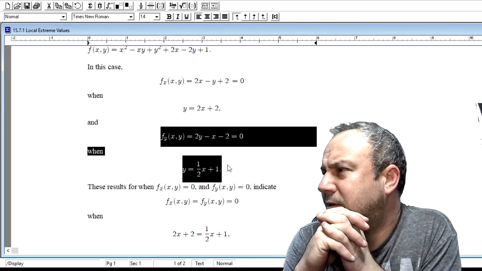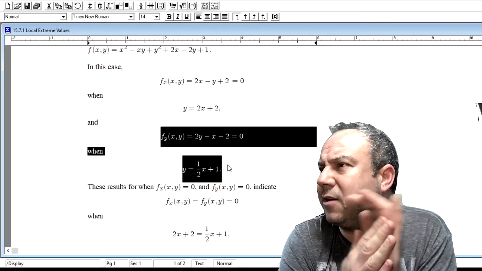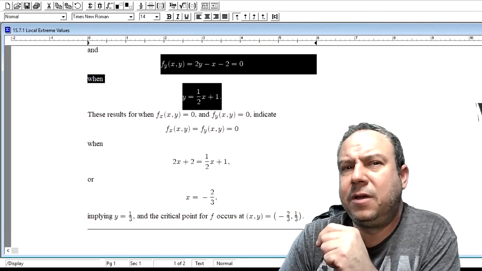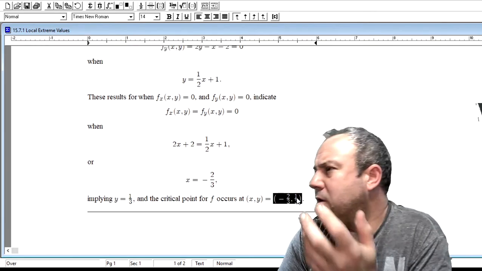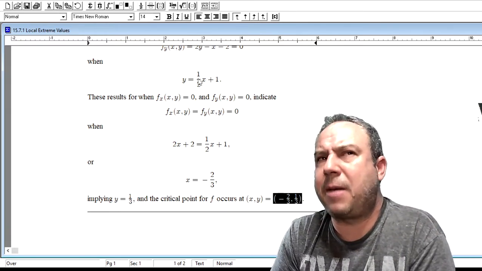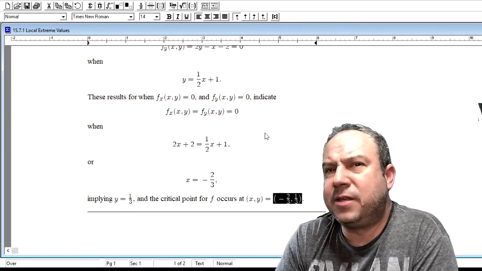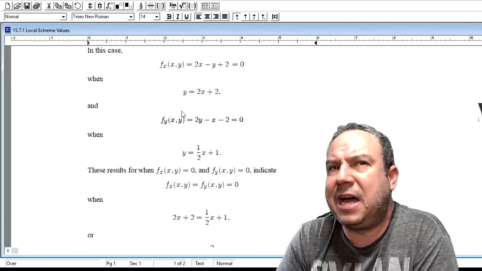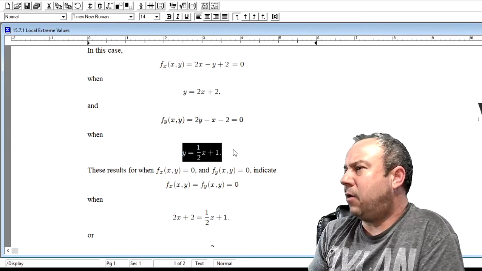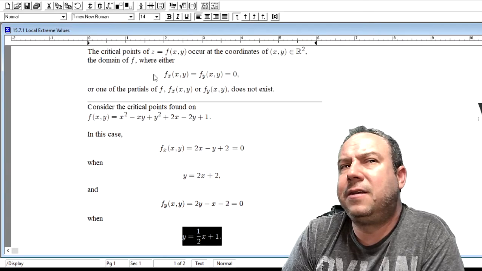In this case, they intersect at negative 2/3, 1/3, and that becomes our critical point. You can actually test that point. If you plug that point back into both these partials, it would equal 0. This is a point that exists on both of these lines, so it's the critical point that satisfies this condition.